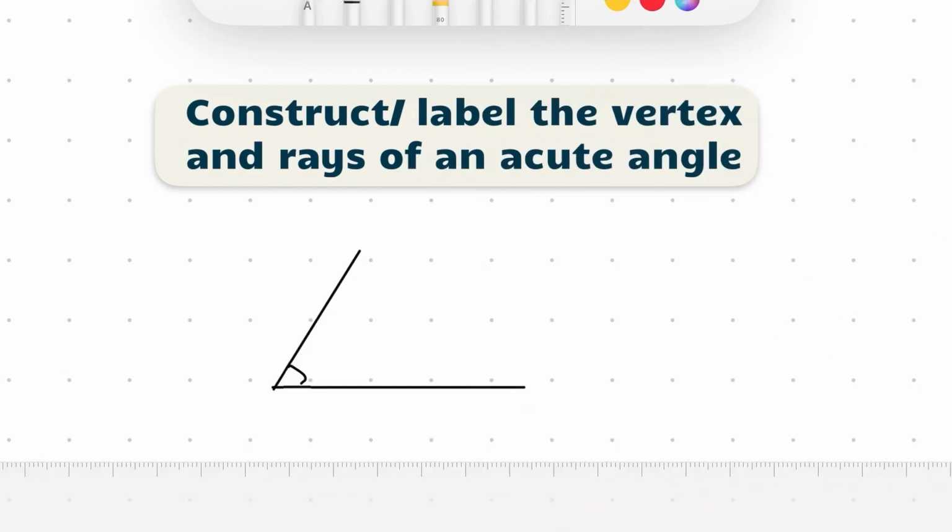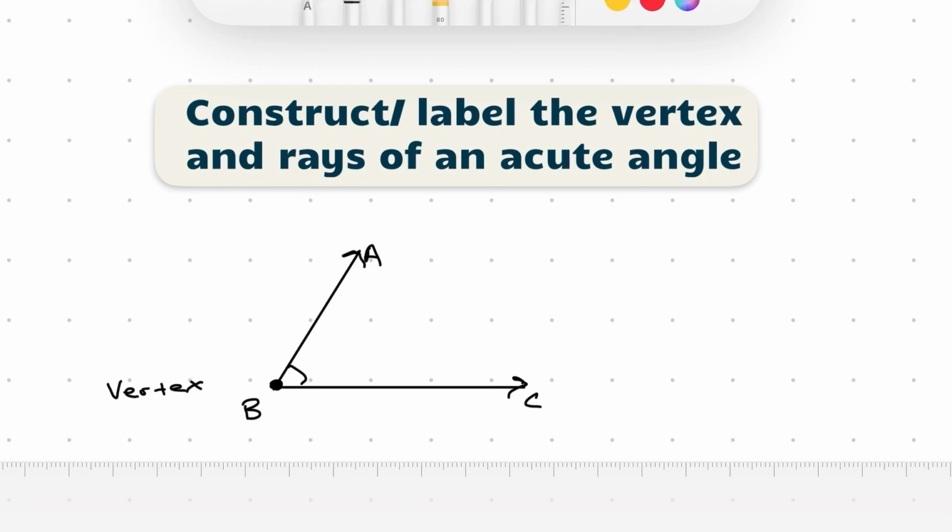And in this case, let's say that this is point A, this is point B, and this is point C. Remember, the vertex is the intersection of two rays, so B would be my vertex, and the two rays would be AB and CB. So this is my final construction of this angle.